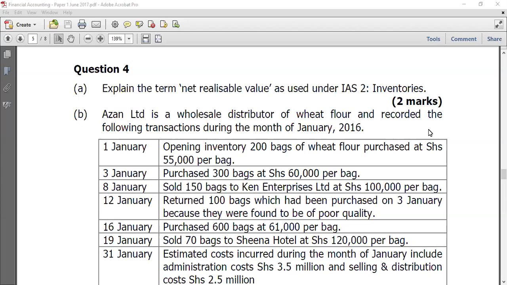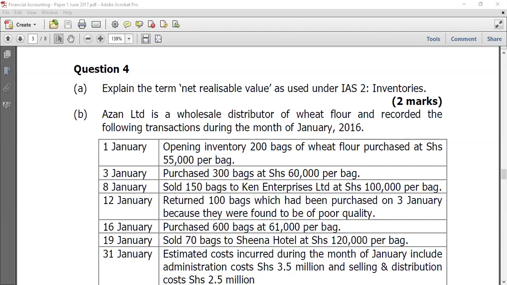So basically what we want to look at today is this one topic called inventory, okay? This topic called inventory. If you look at our syllabus very well, inventory is one of those topics that by the time we get to the exam, we need to know.